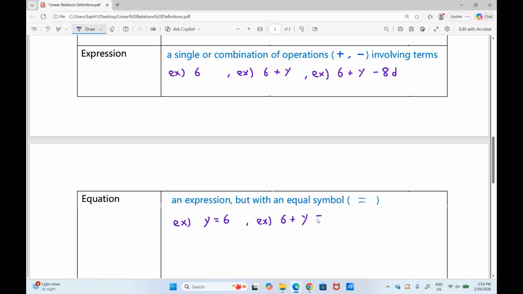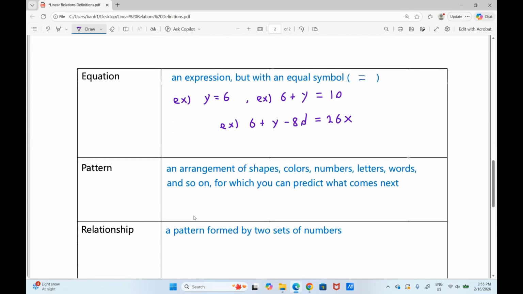If I just put an equal symbol here, let's say I say that equals 10, that's now considered to be an equation. And if I had 6 plus y minus 8d, that's an expression right now. As soon as I add an equal symbol and then write something down, let's say I write 26x, now that's considered to be an equation.